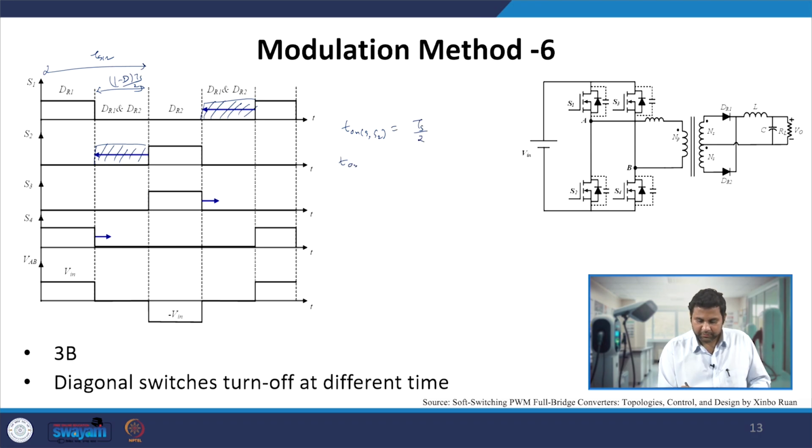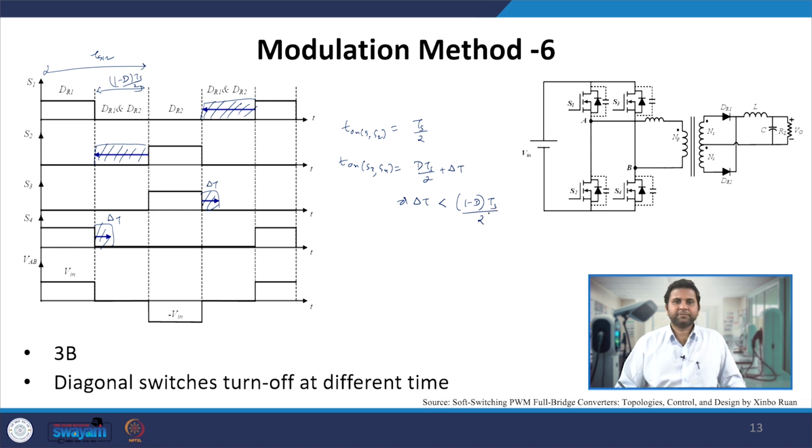However, T on of S3 and S4 is still dTs by 2 plus delta T, and this delta T is less than 1 minus dTs by 2 period.